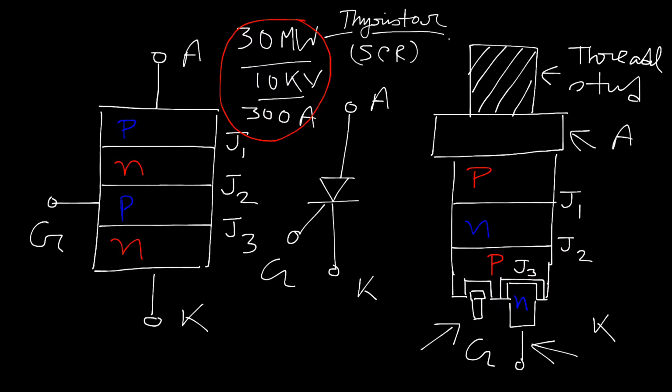So this is all about the operation of the Thyristor and the basic construction and ratings. Keep in mind that the ratings of a power electronic switch like the Thyristor are very high, with the capacity to handle power of almost 30 megawatts and even more. Now, the VI characteristics.